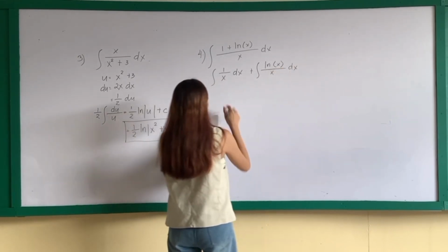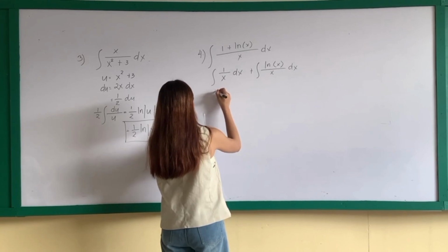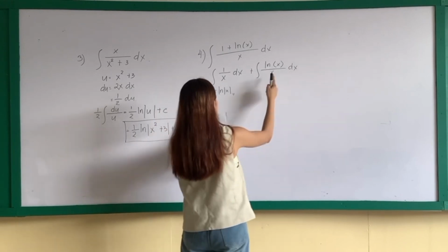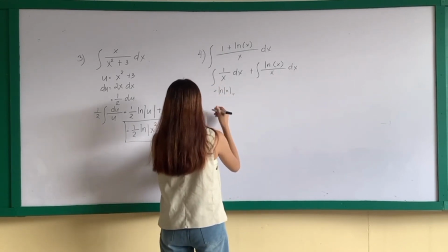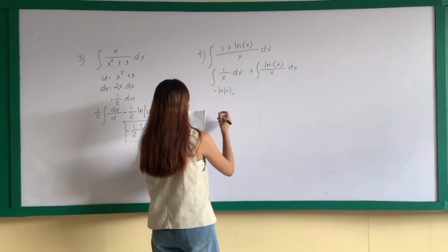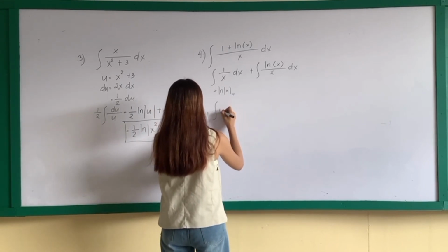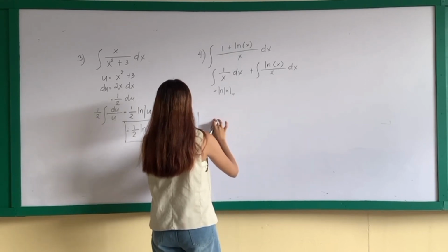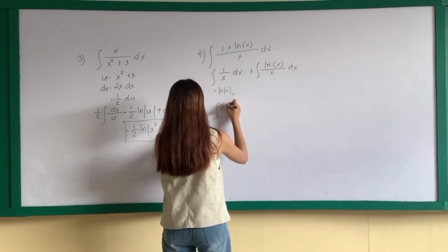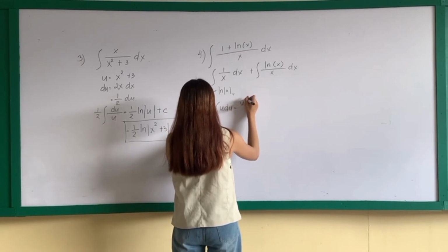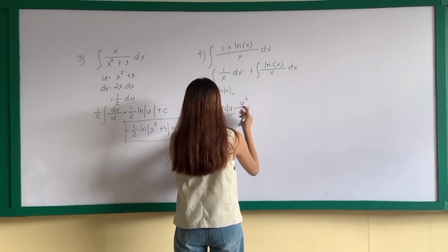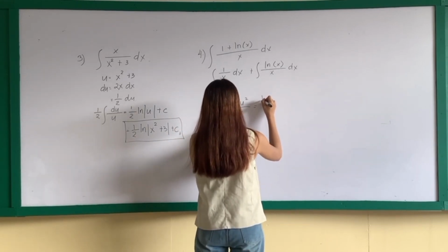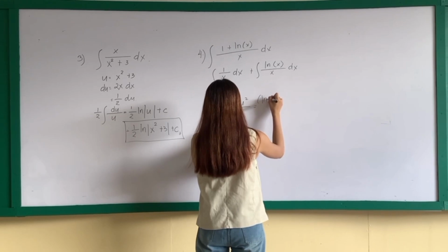And we all know that the integral of 1 over x is equal to ln the absolute value of x. So now we have to integrate the ln x over x. So the integral of u du is equal to u squared over 2. So we have ln x squared divided by 2.